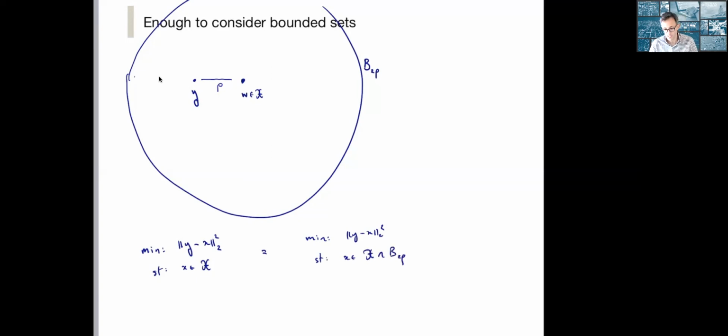In other words, this minimum point has to lie somewhere inside of this ball, because any point outside is farther than w itself. So it's a simple result to show, but basically this means that I only need to worry about bounded sets. The ball is closed and bounded, x is closed and convex, and therefore the intersection is closed, convex, and bounded.